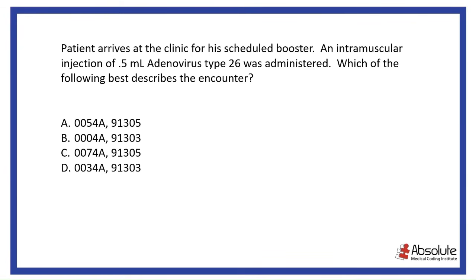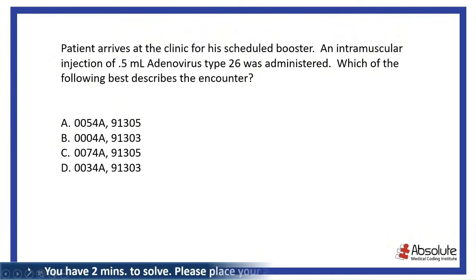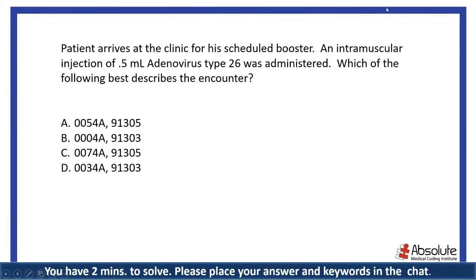Option C, 0074A, 91305, 0034A, 91303. A patient arrives at the clinic for his scheduled booster. An intramuscular injection of 0.5 ml adenovirus type 26 was administered. Which of the following best describes this encounter? You can see some answers coming up straight away in the chat. I will give you 2 minutes for the rest of you to answer this one. See you all after the 2 minutes.